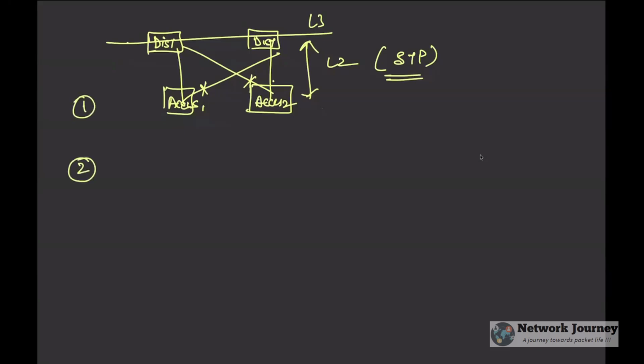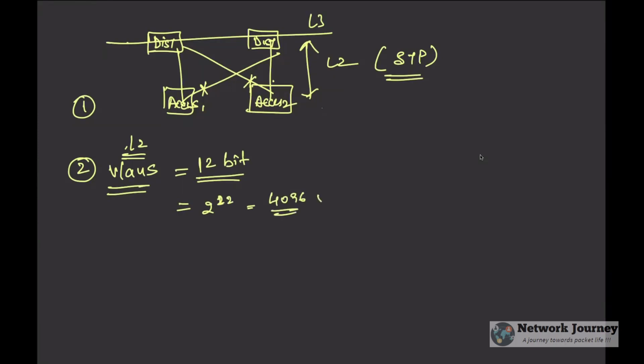The second issue is how many VLANs you are having in total. If you are dealing with L2, how many VLANs do you have? 4096. So VLAN is a 12-bit number. 12-bit means 2 to the power of 12, which comes to 4096. So this is the limitation of VLANs.